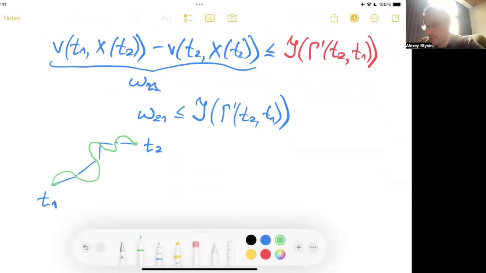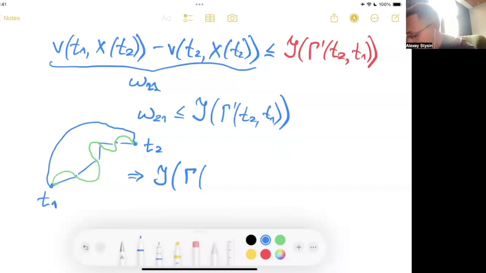And then we also have that the integral doesn't really depend on the exact details of the path. So we can consider any arbitrary path that goes here. And therefore we conclude that the integral over any path going from T1 to T2 or T2 to T1 doesn't really matter. So let's keep the notation as it is, T2 to T1.